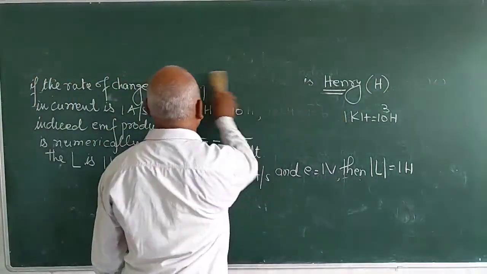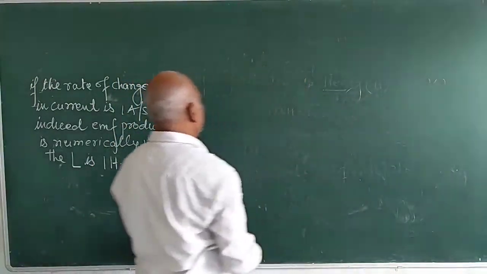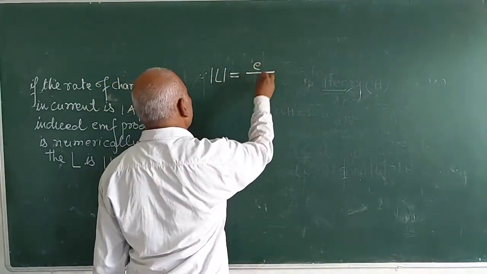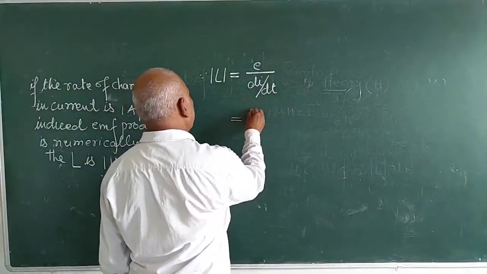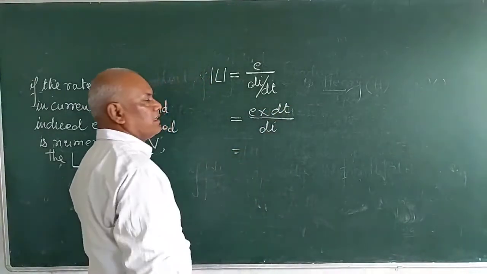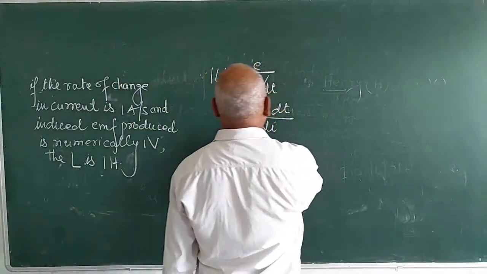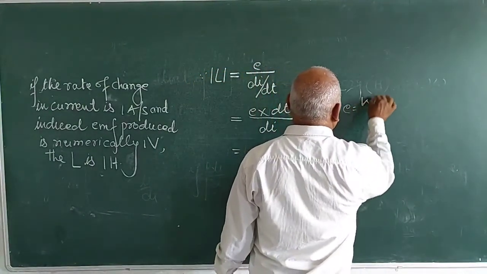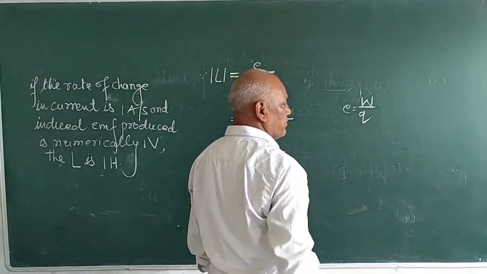Now, what will be its dimension? Generally, the dimension is also asked. Since modulus of L is equal to E upon di by dt, it is written as E into dt by di. E is voltage. You can find the unit of voltage: E is equal to W by Q. If you don't remember, you can find it by applying this formula.